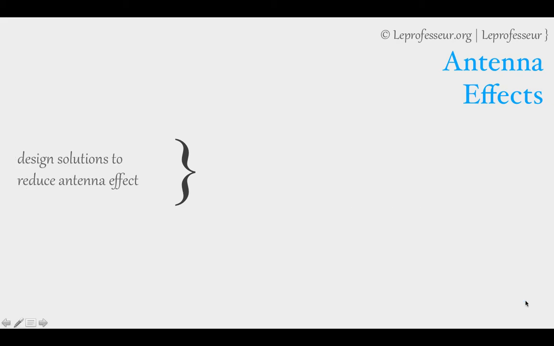Now what can we do at design level when we are designing the circuits, so that there is very low possibility of antenna effect, or almost nil? First of all, let's talk about wire routing.